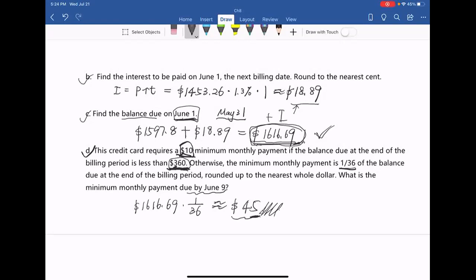What's the meaning of round up? If you have 45.3, rounded up is 46, even though we have the 3 here, because they said round up. So that's 46.